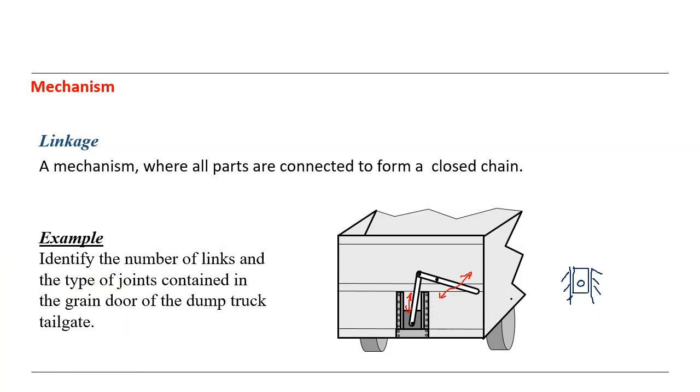You see here, and there's a bar like this. And there is also a pin joint here somewhere, and another bar, which is fixed here somewhere. So that means it seems like this.